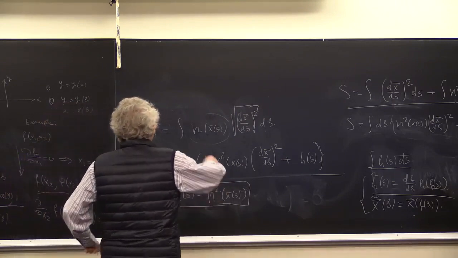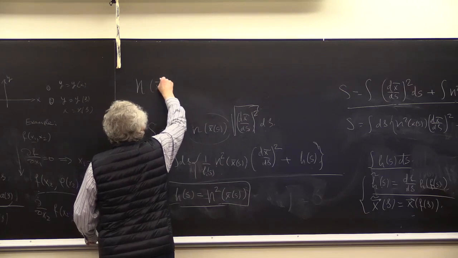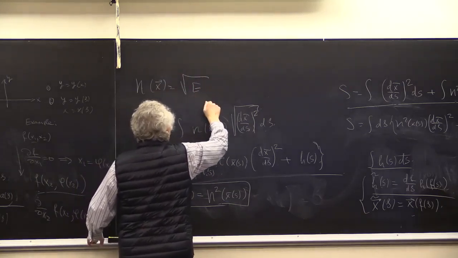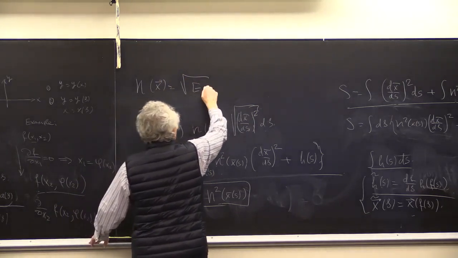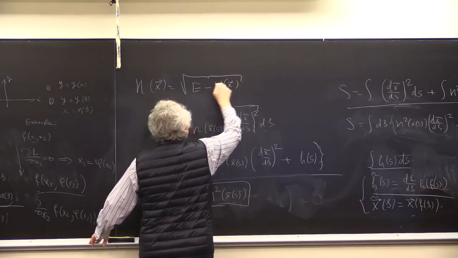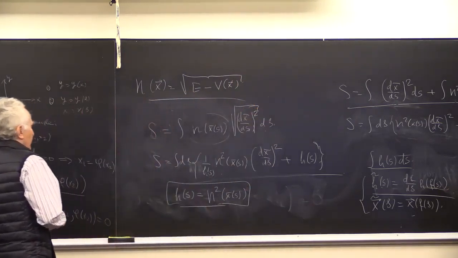Yeah, actually, the answer is that the relation should be that n is the square root of E minus V of x. E is an arbitrary constant, but it turns out to be energy eventually.